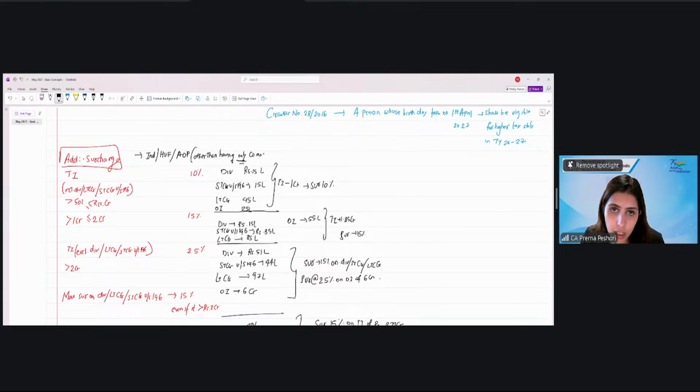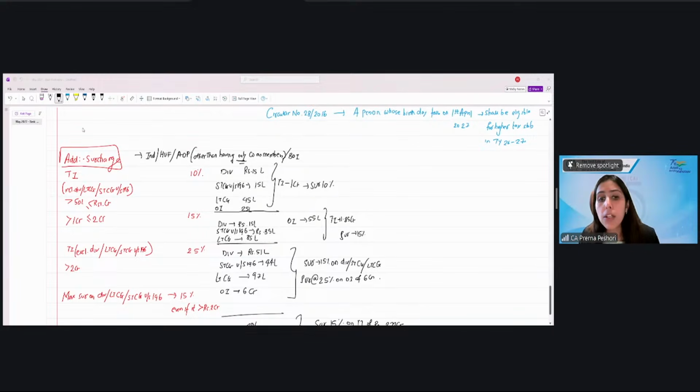So see students, if the AOP has only companies as members, like there are no individuals, no partnership, then this surcharge rate is not applicable and there are different surcharge rates for that kind of AOP. But if the AOP has one or two individuals, one partnership firm, one company as members, then this surcharge rate will be applicable to that AOP.